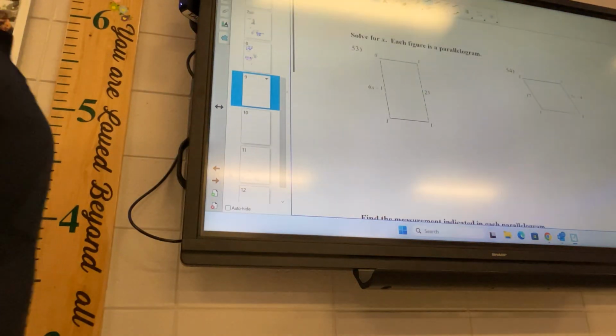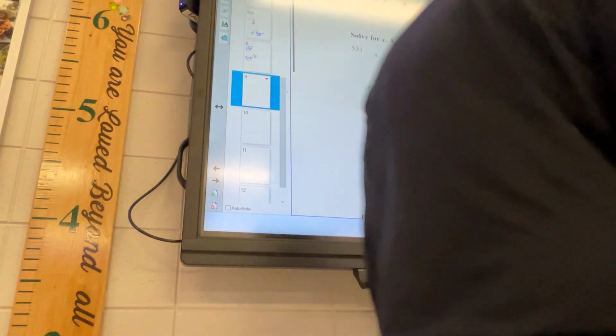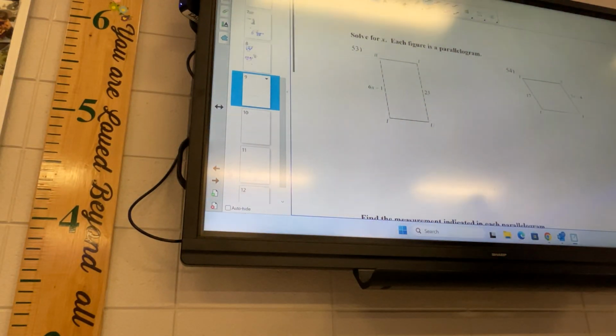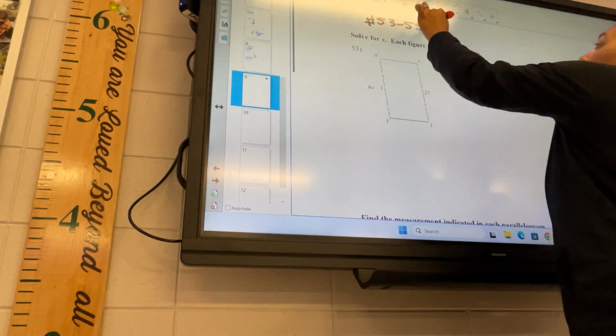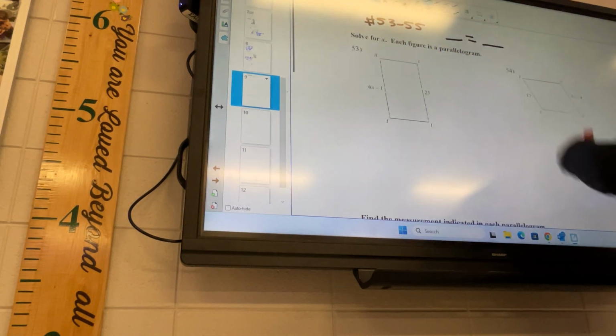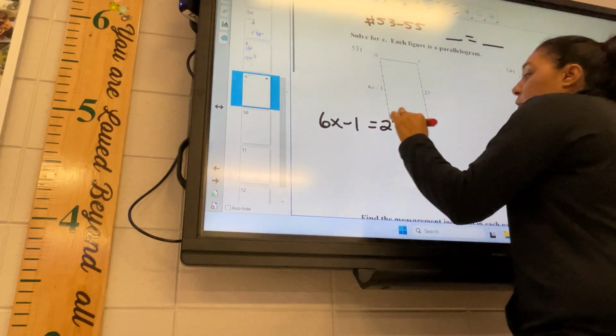Okay, 53, again, the opposites are equal. You're going to set them equal, okay? So 53 through 55. You're going to set them equal. Okay? So we're going to say 6x minus 1 equals 23.